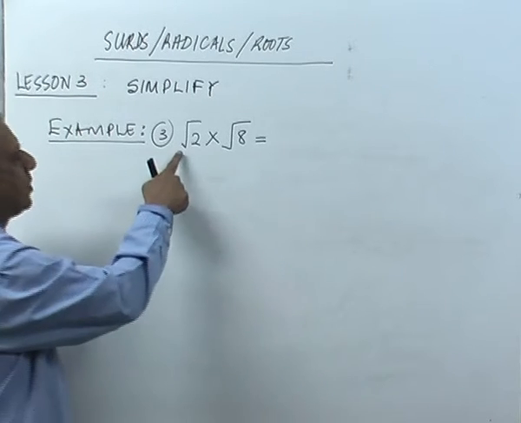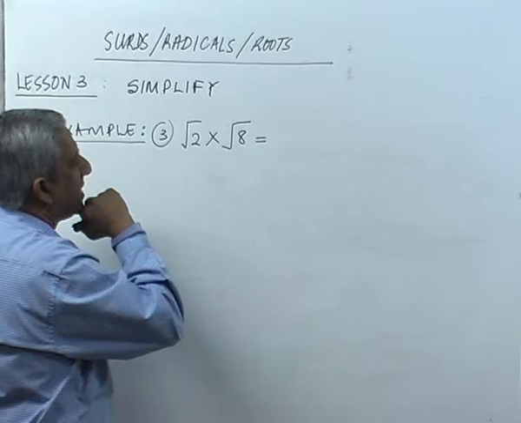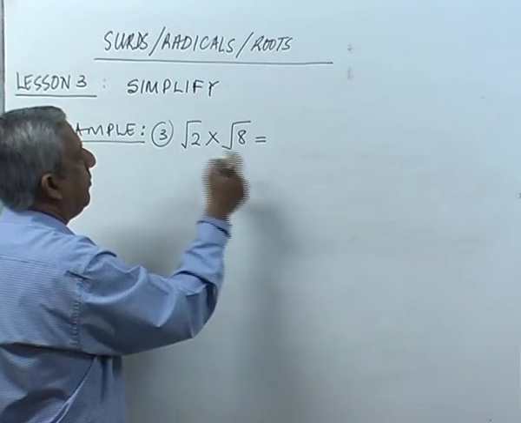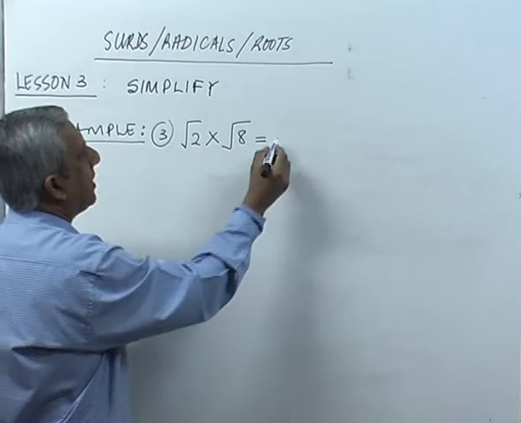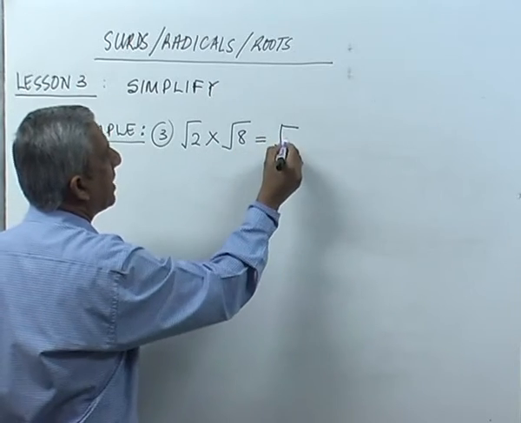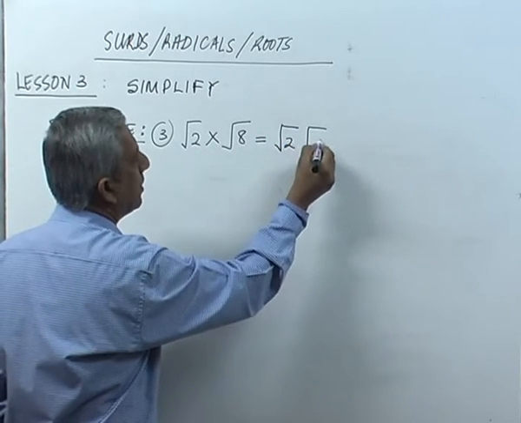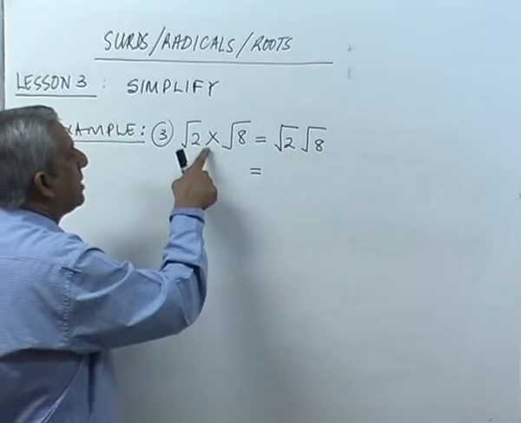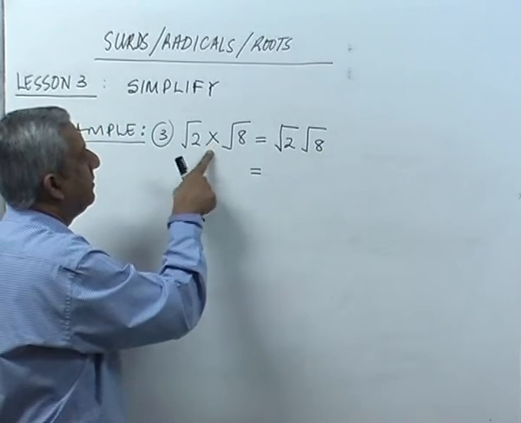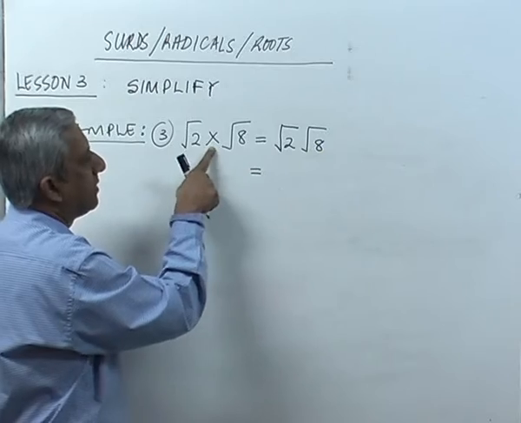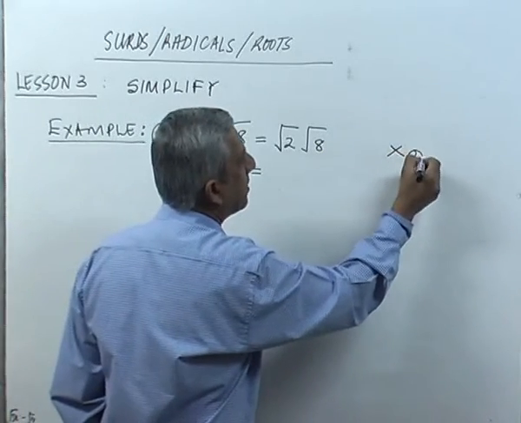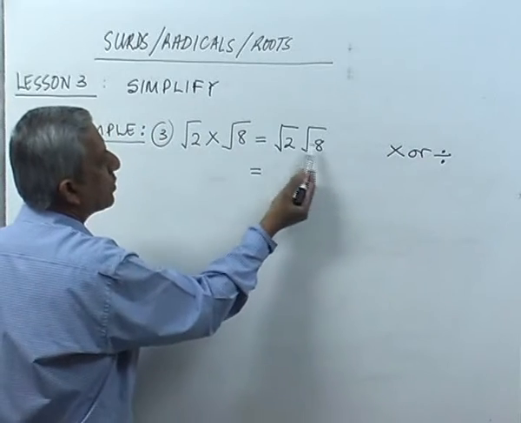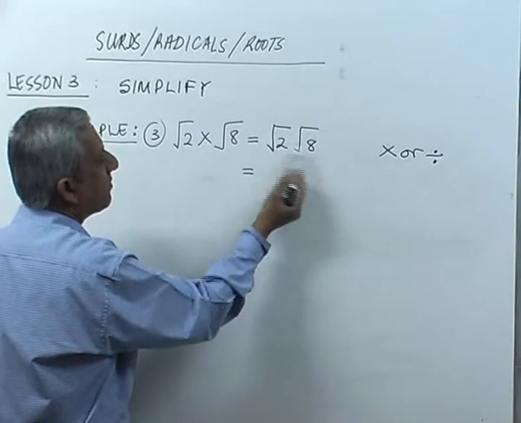Alright, so this one is square root of 2 times square root of 8. Well, if you want, you can write them without the multiplication sign. So you got root 2, root 8. Now, as long as there's a multiplication or division sign, then you can multiply those two numbers or you can divide the two numbers.